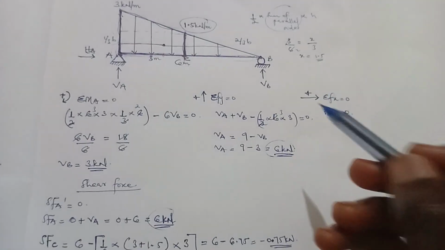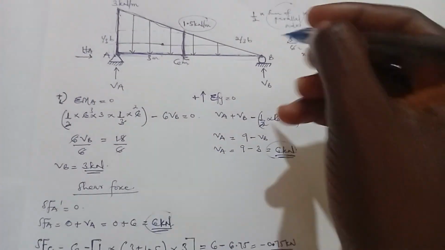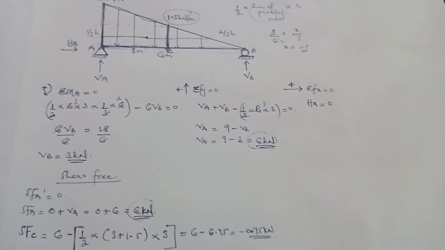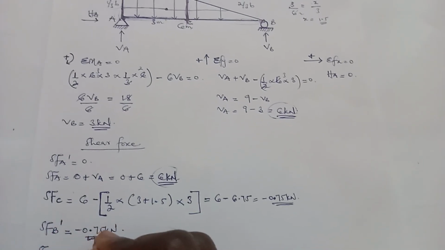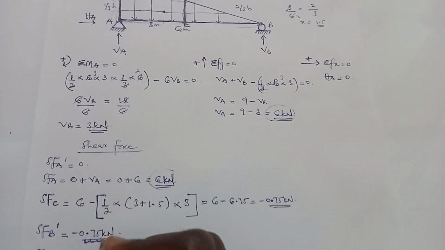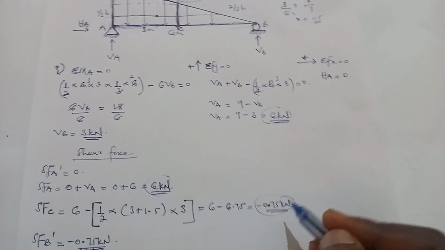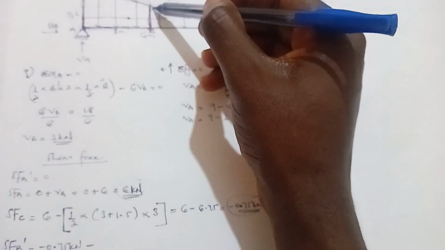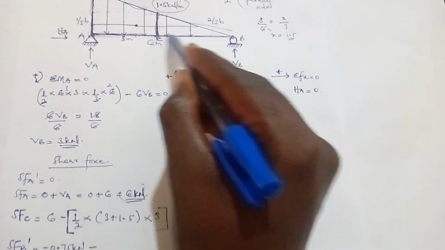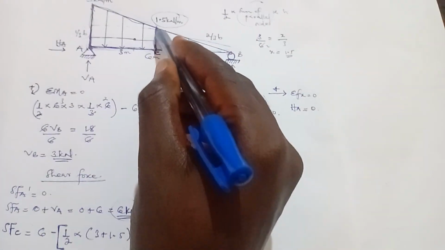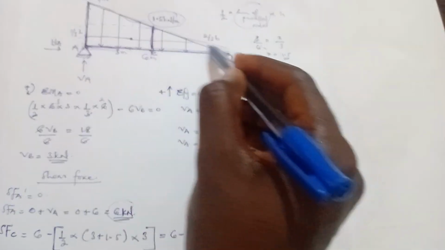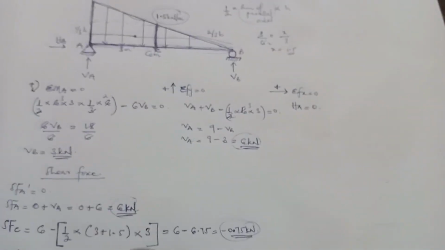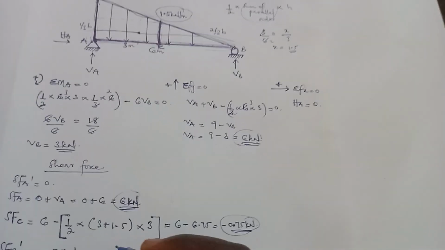So now we'll calculate the shear force at B, but we'll calculate two values for the shear force at B. So shear force at B prime is equal to negative 0.75, which is the previous one, minus, because we need to factor this part into it. This part is a triangle, and to find the force here, we need to find the area of the triangle.